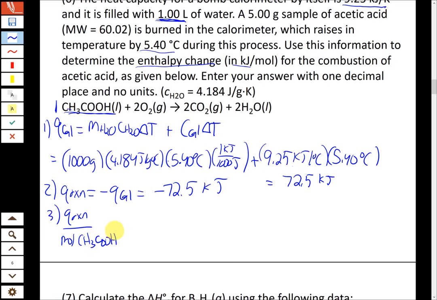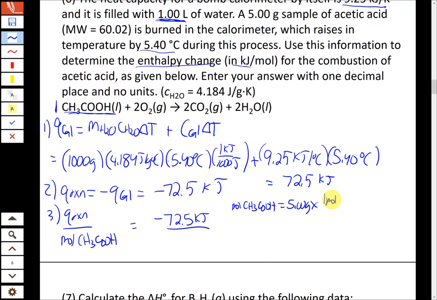All right, so we're going to divide the heat for the reaction by the moles of substance that we use. So it's going to be minus 72.5 kilojoules. Then we have to find the moles of acetic acid, which is 5 grams.